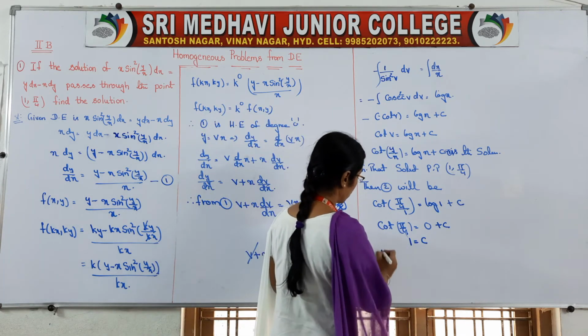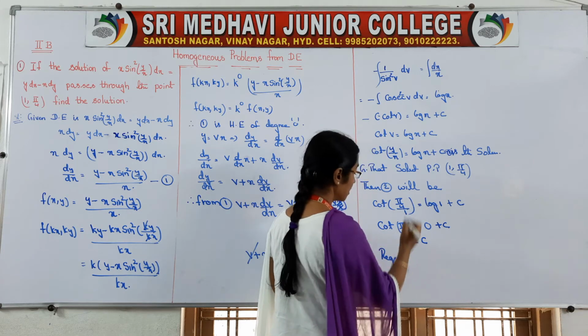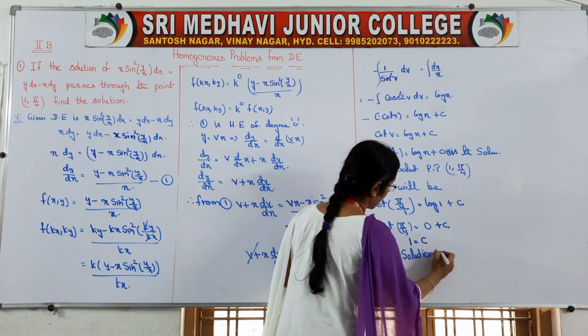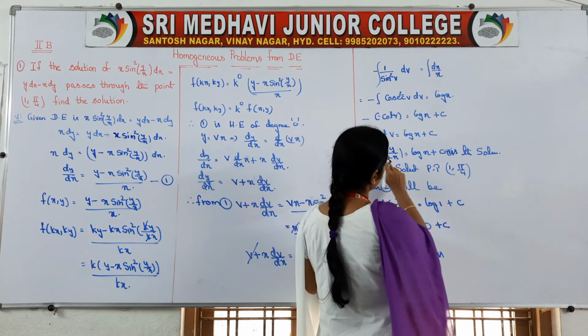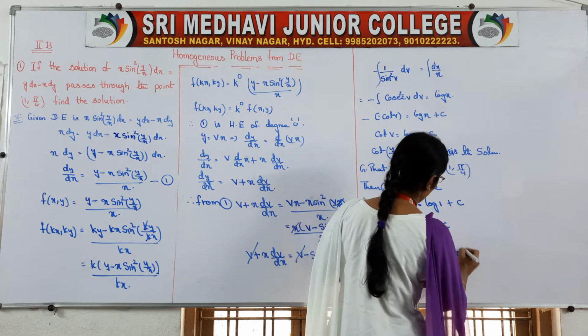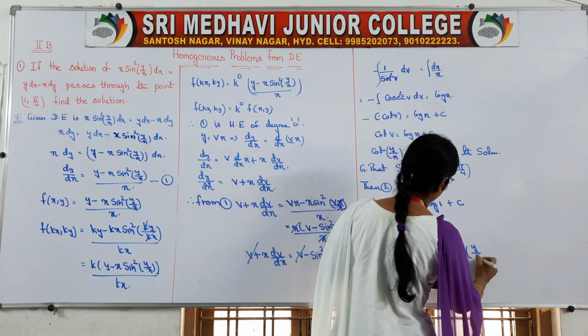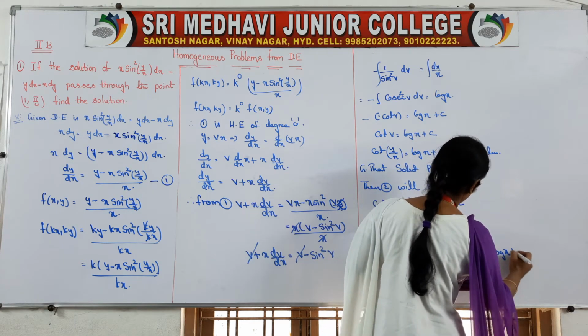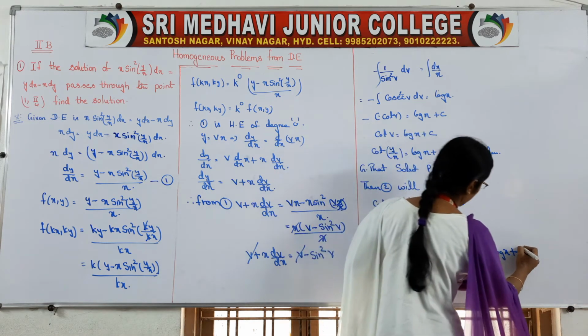Okay, so therefore the required solution is cot of y by x is equal to log x plus 1, where the C value is 1.